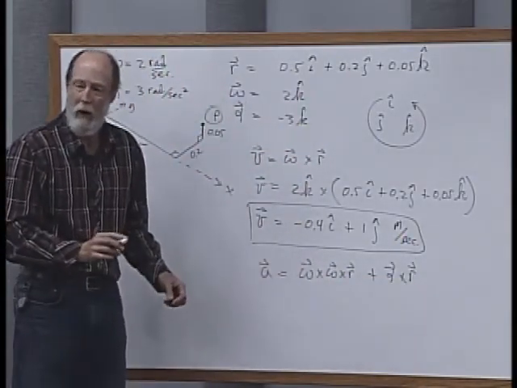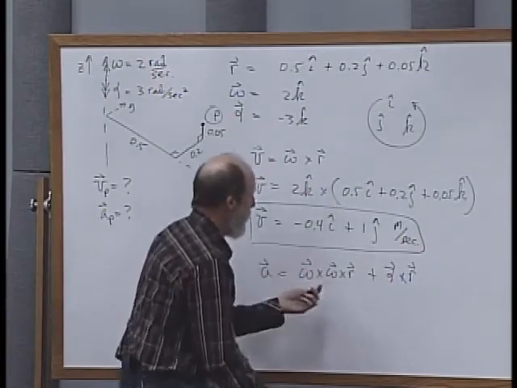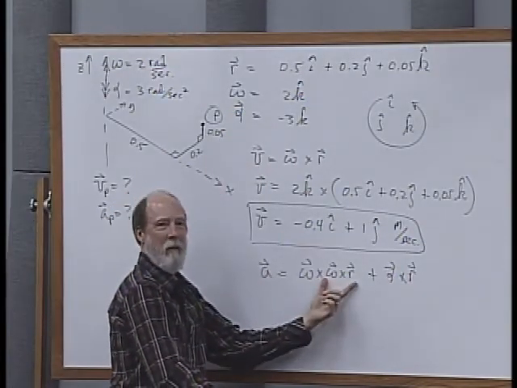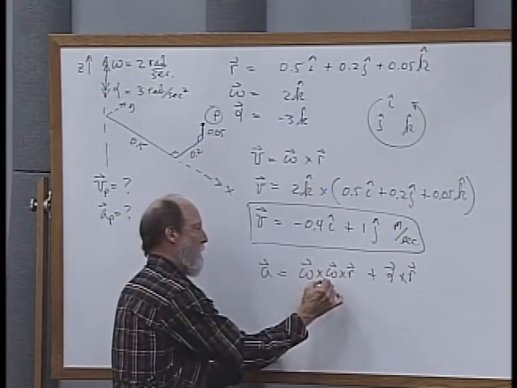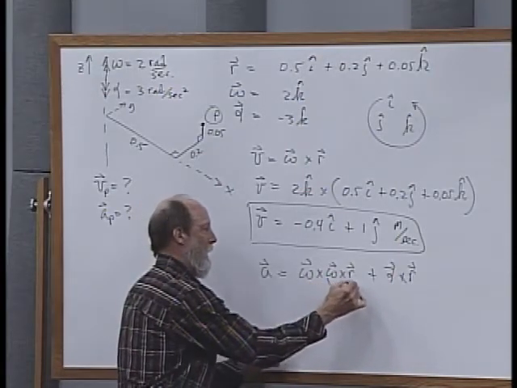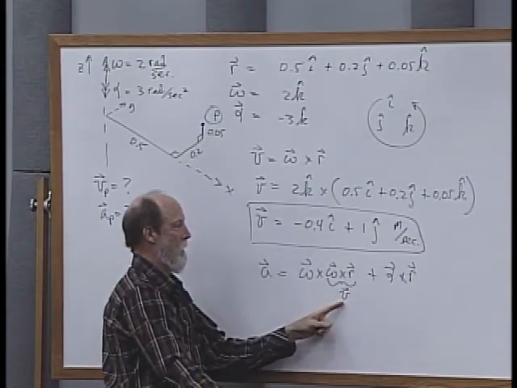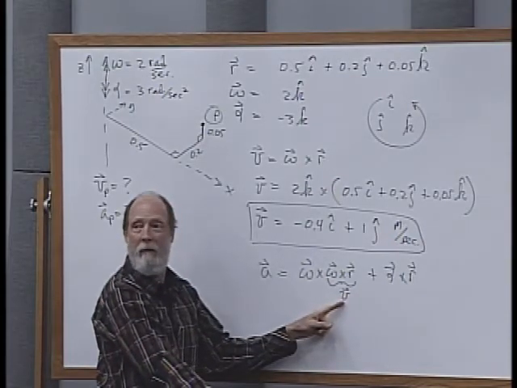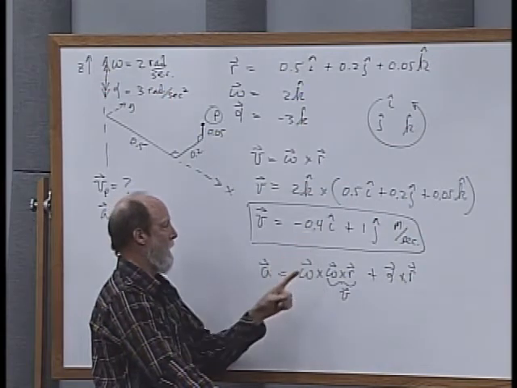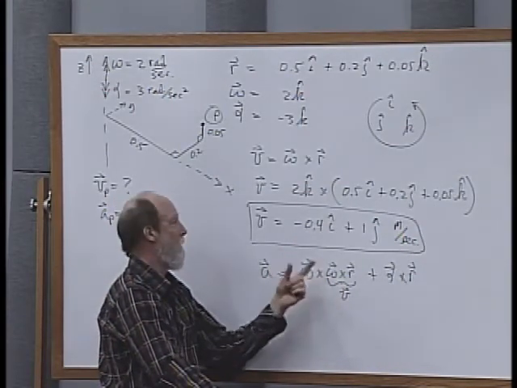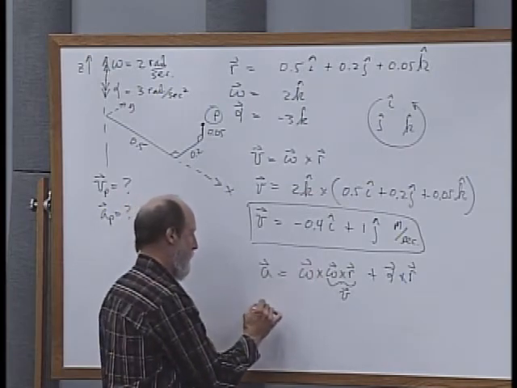Now here's where you can use the previous work that's been done, because omega cross r is, as I noted at the beginning of class out of the textbook, V. Since we did that work right here, instead of dealing with a triple cross product, it's going to be easier for us just to treat it this way.